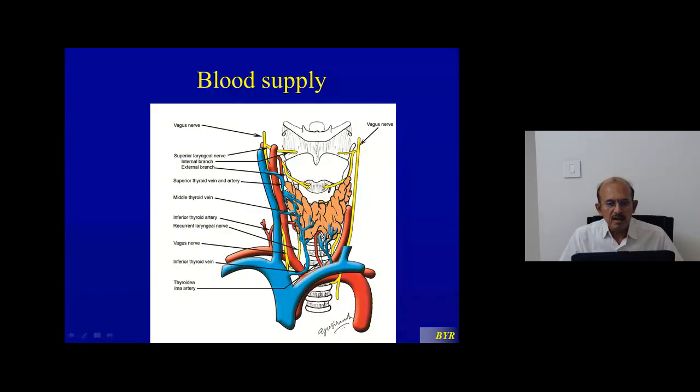What are the branches of the internal carotid artery extracranially? Outside the cranium, what branches are there for the internal carotid artery? It also has no branches.